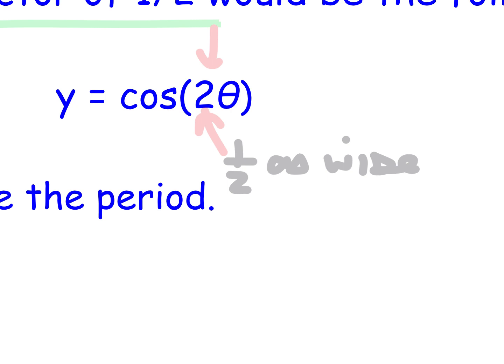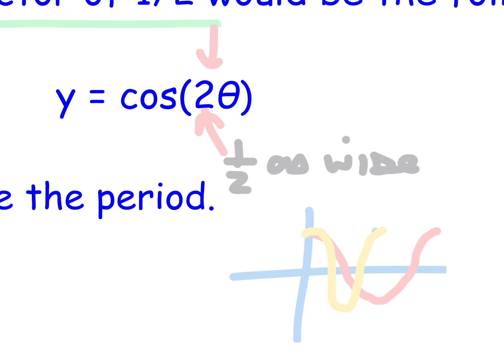It's like compressed. So my graph that normally for cosine looks like a valley, it gets half as wide, so the valley just gets done really quick. So then the valley goes like that. Gets the graph over with really, really quick.